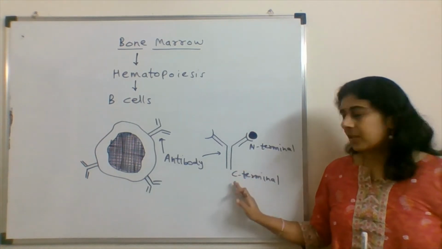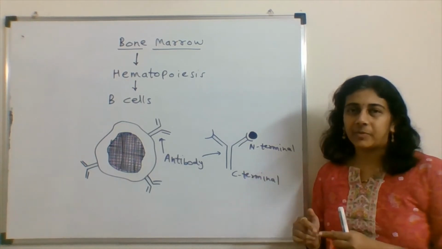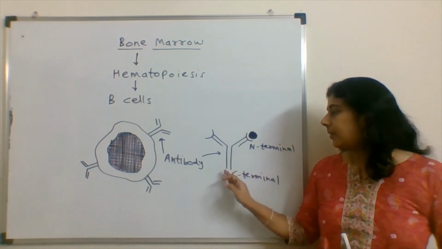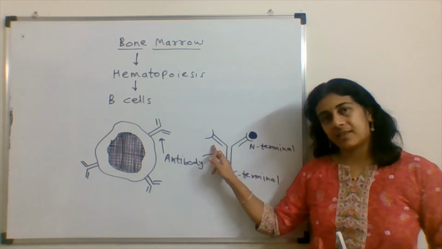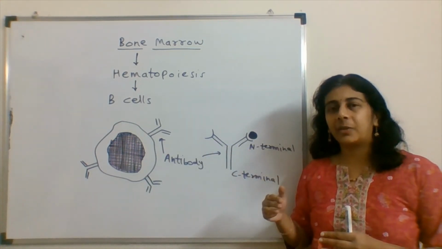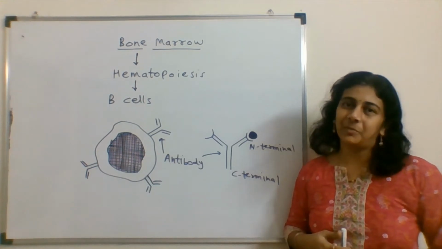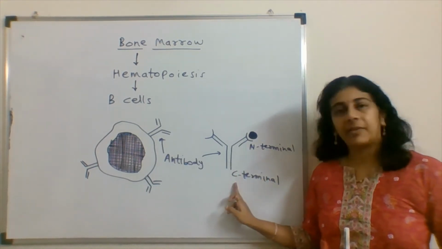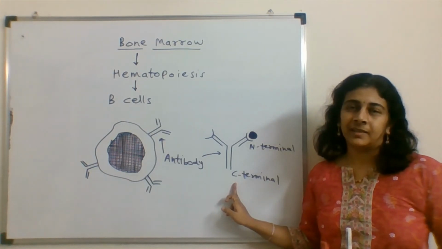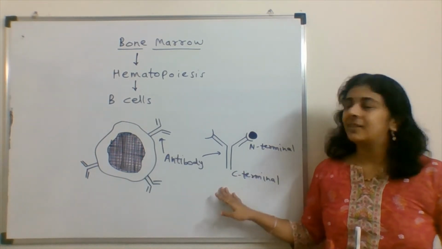If we see the structure of an antibody, it's a Y-shaped structure. It has a combination of two heavy chains and two light chains, all linked with each other by disulfide bonds. It has an N-terminal end and a C-terminal end. This is a glycoprotein.